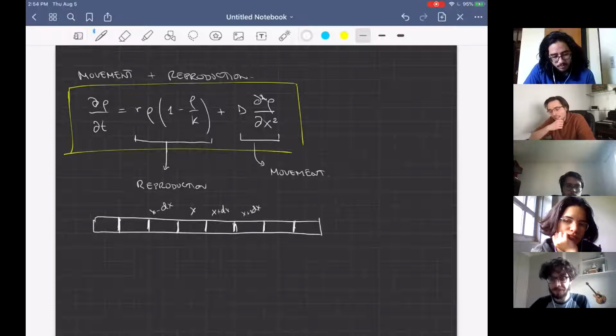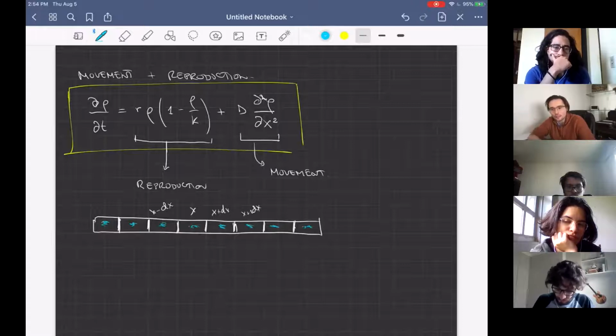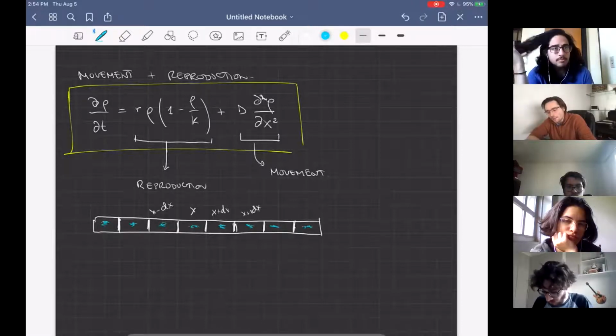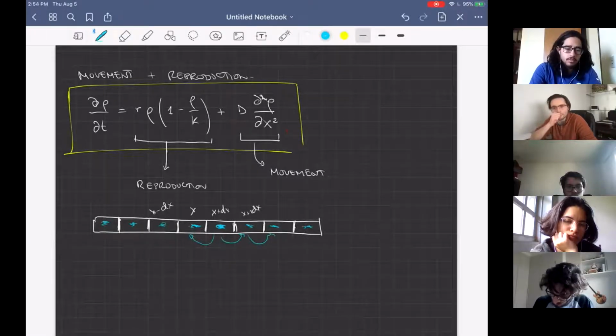What this equation is telling me is that in each of these x locations, I have one of these logistic growths. I have these spatial locations that are uncoupled, and I have logistic growth here. And then on top of that, I have this coupling between spatial locations that tells me that individuals that are reproducing at a given position jump with the same probability to the left or to the right.